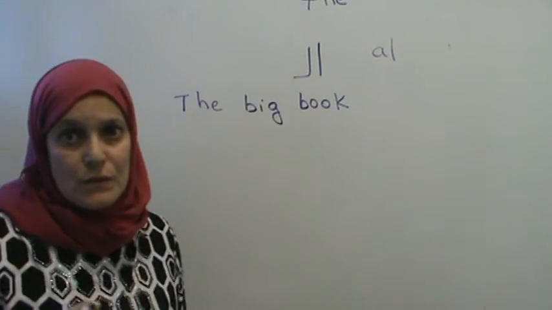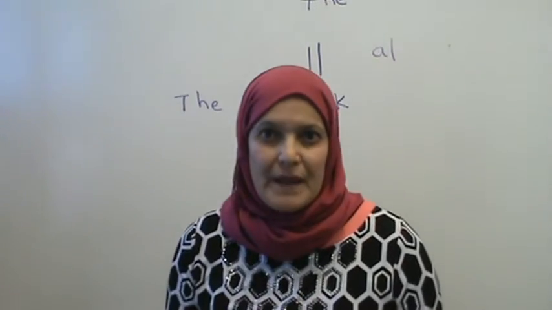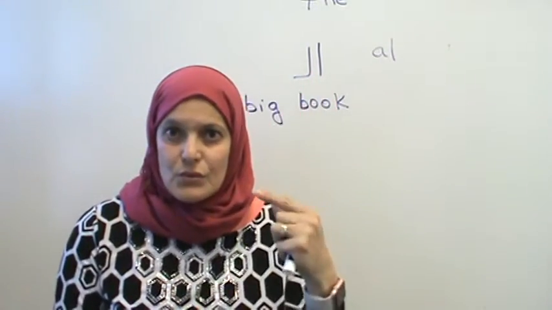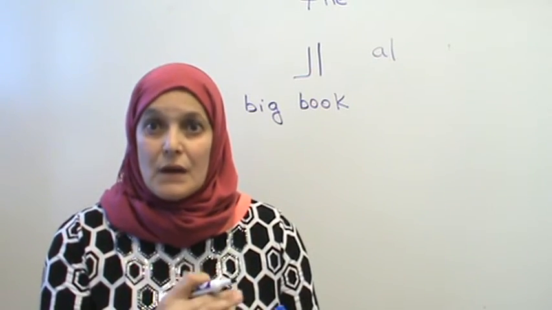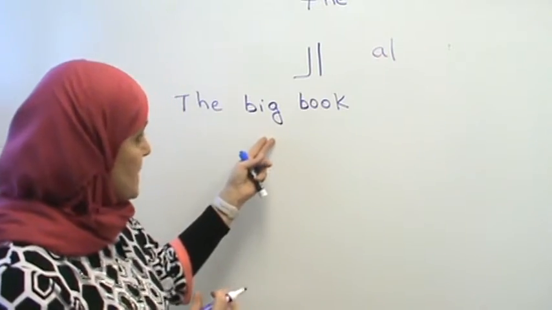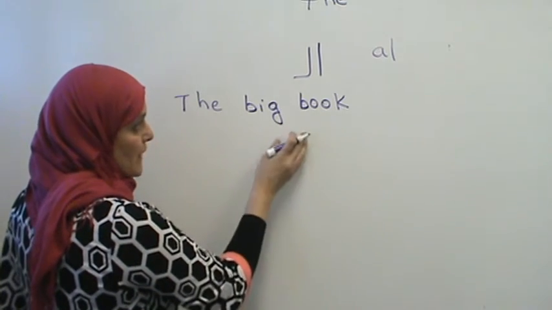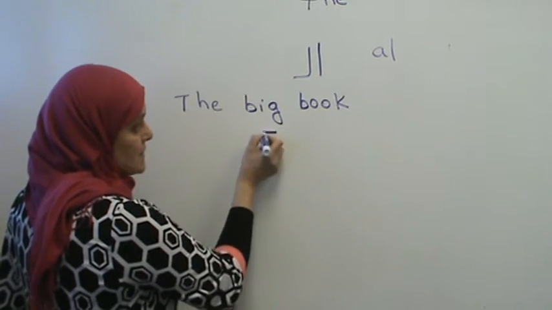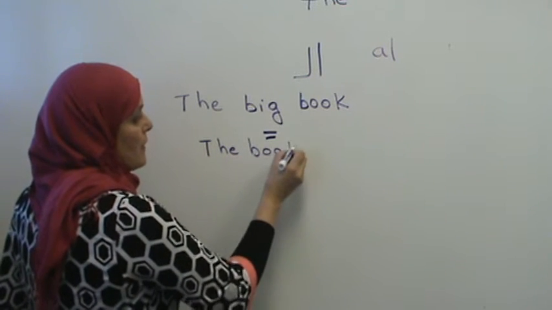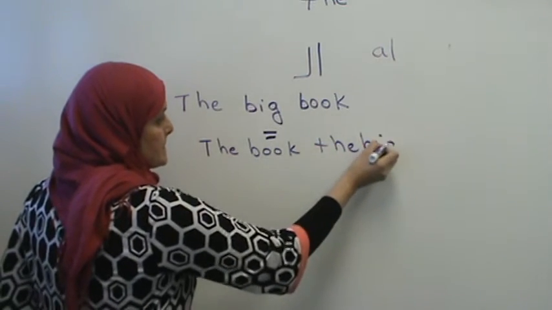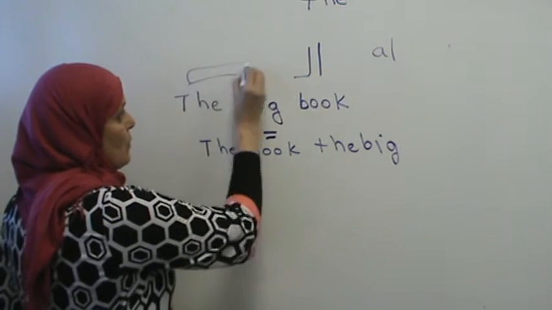This is the way I approach the structure in Arabic. I tell my students to use the wrong English so they can see the structure in Arabic. The structure, in the wrong English, is: the book, the big, and the should go to both.